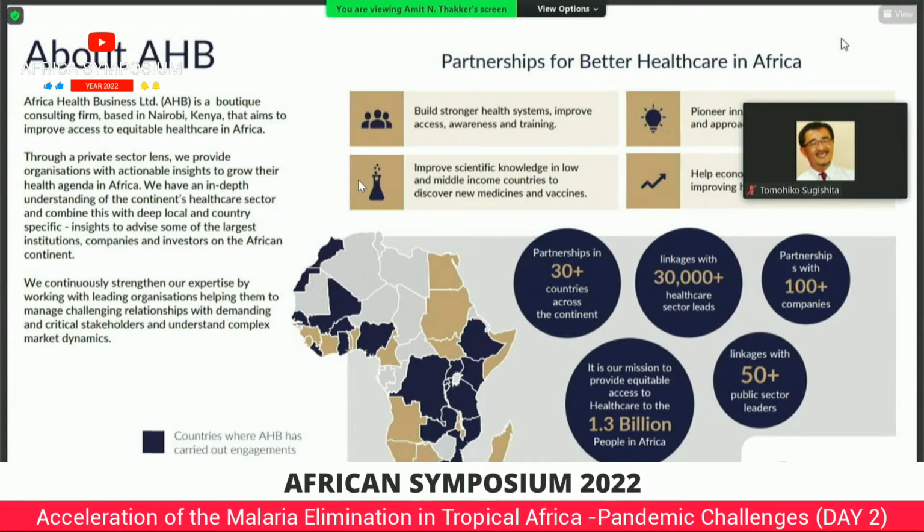Malaria is a very interesting conversation in the private sector because it provides an opportunity and it also provides a way to improve health and overall well-being because of the burden it has on the community.